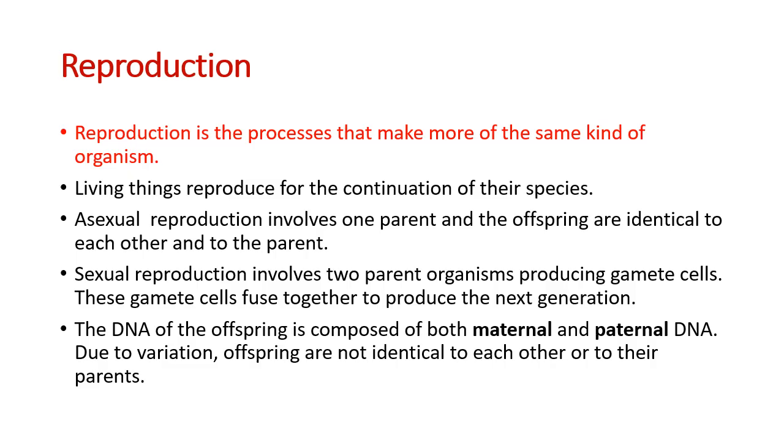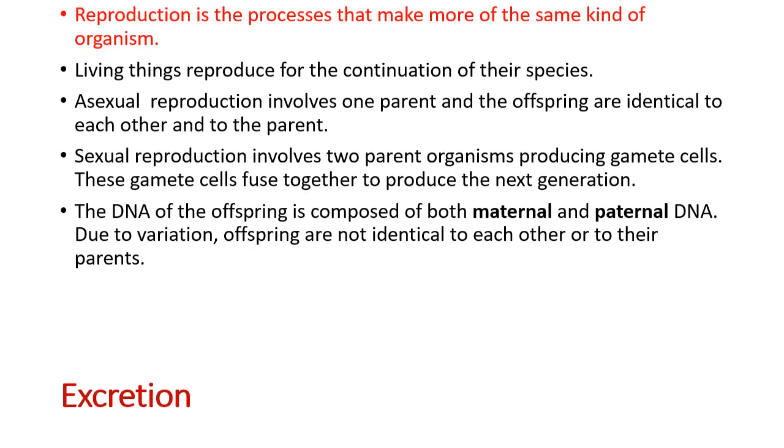Sexual reproduction involves two parents and these organisms need to produce gamete cells. These gamete cells fuse together to produce the next generation. The DNA of the offspring is composed of both maternal and paternal DNA. Due to variation, offspring are not identical to each other and also to their parents.